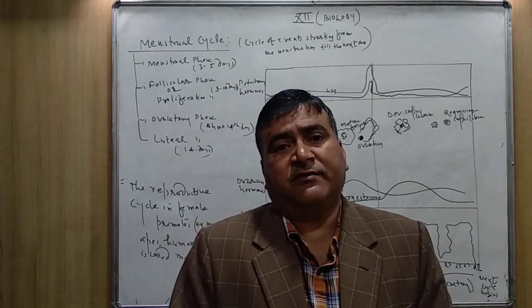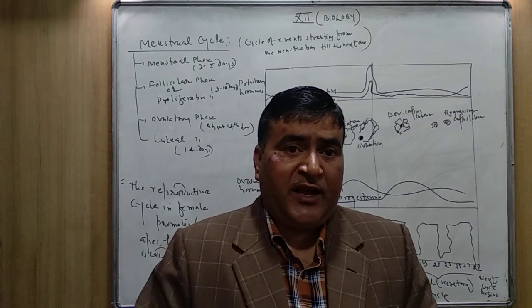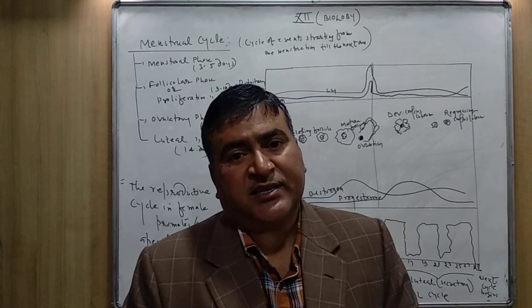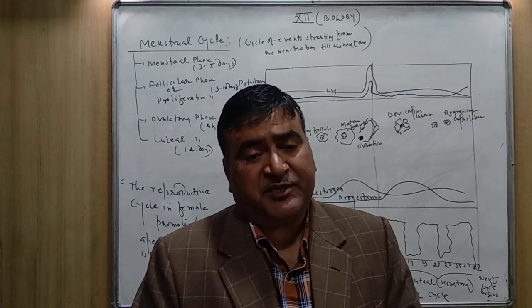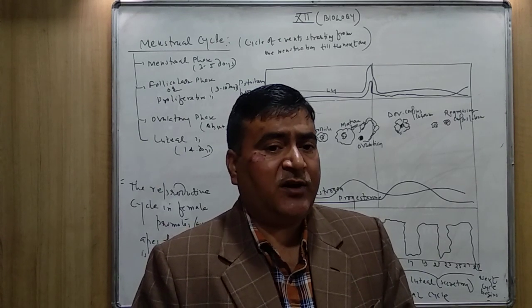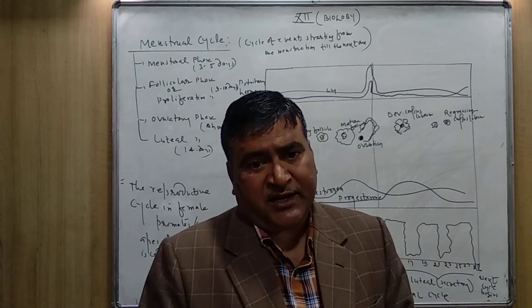If fertilization doesn't take place, the endometrial lining, or uterus lining, ruptures and sloughs off through the vagina in the form of blood. All the blood vessels rupture and slough off.